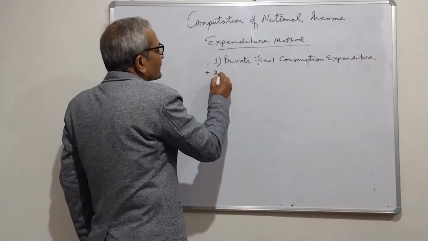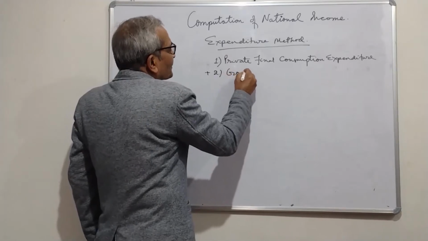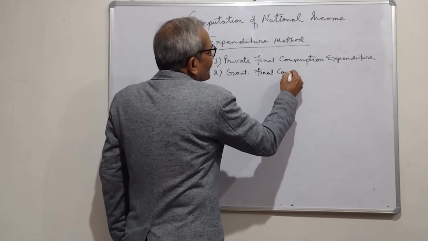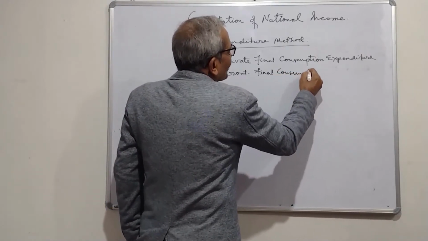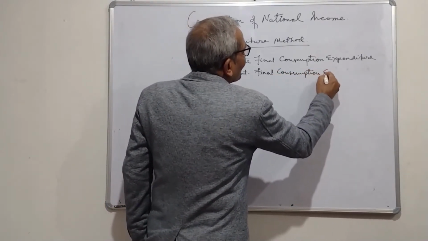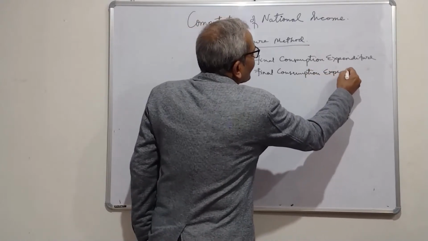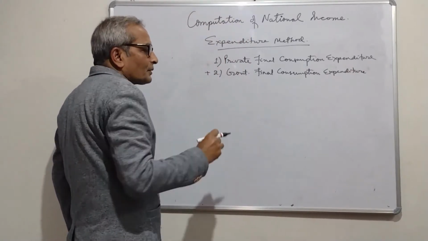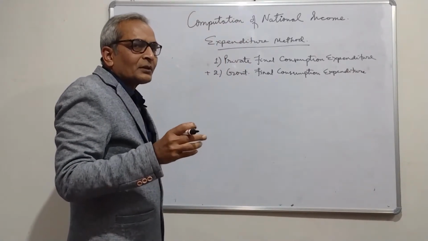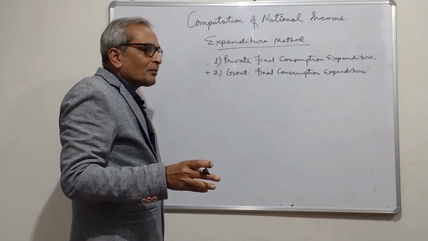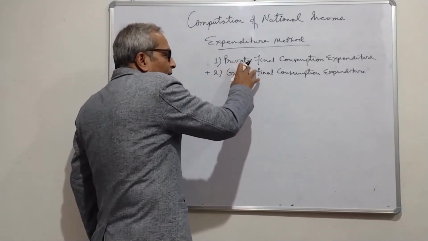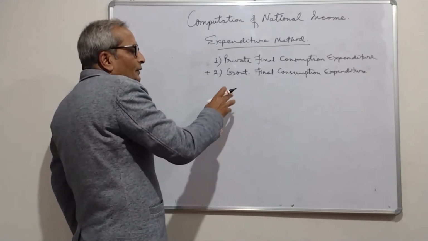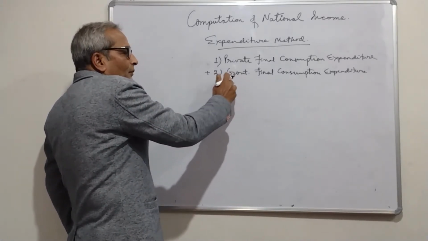Then we have government final consumption expenditure. So here in these two items, we are talking about consumption expenditure incurred by the private sector and consumption expenditure incurred by the government sector.